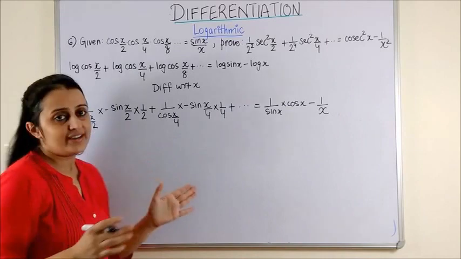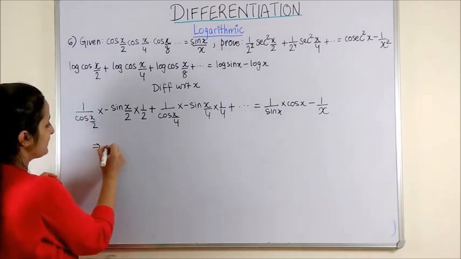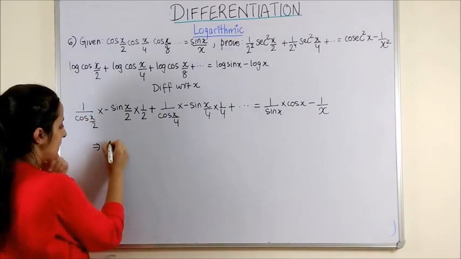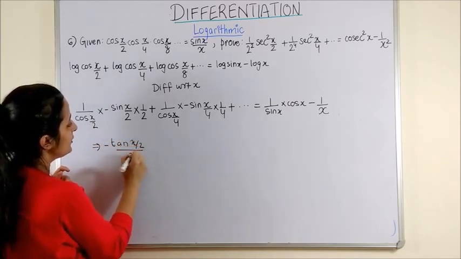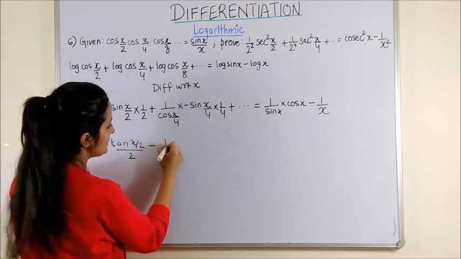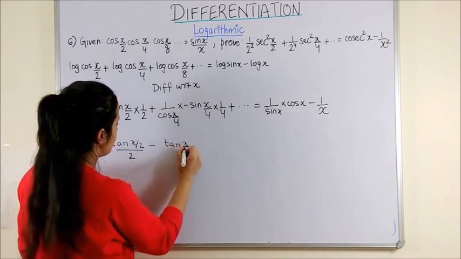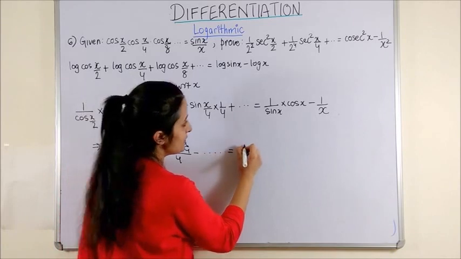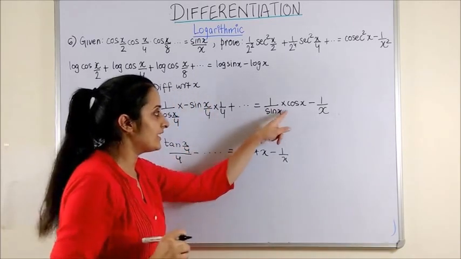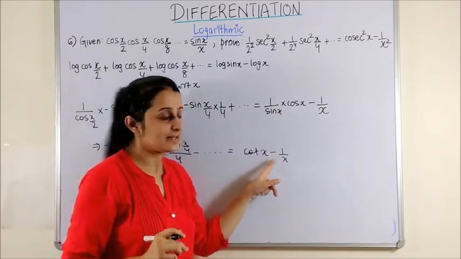So simplifying this further, we get minus tan x by 2 upon 2 minus tan x by 4 upon 4, so on and so forth, is equal to cot x minus 1 by x.